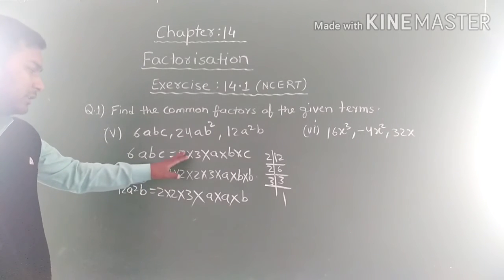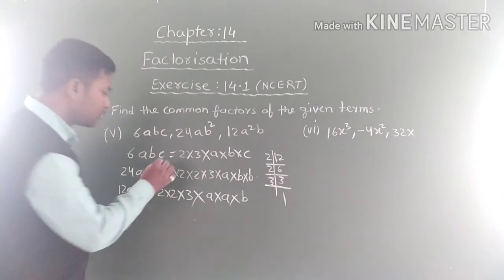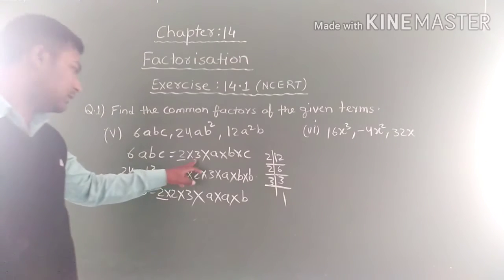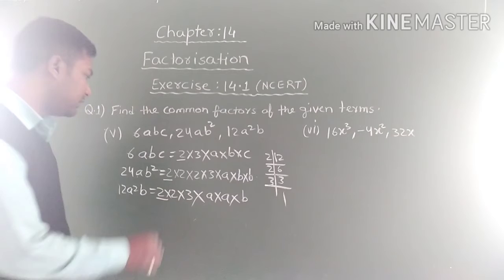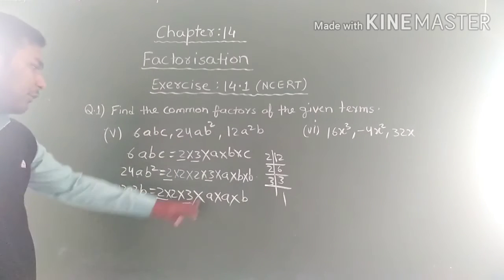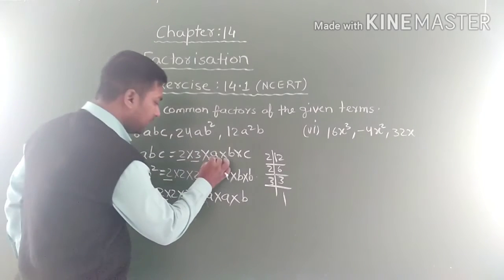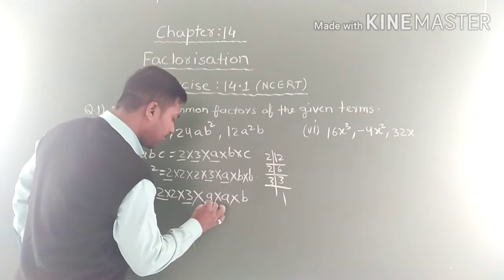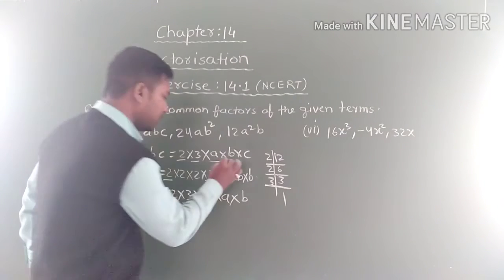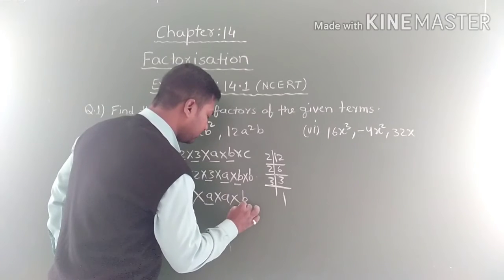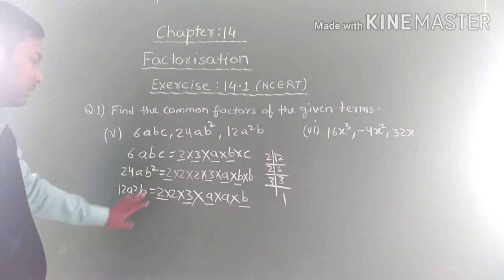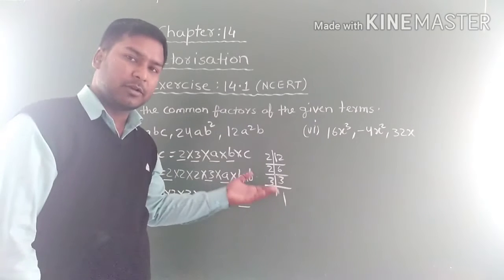What is common in the 3 factors? 2 is common. Now 3 is also common. Now a will also be common. Now b is also common. The next step is the common factor.